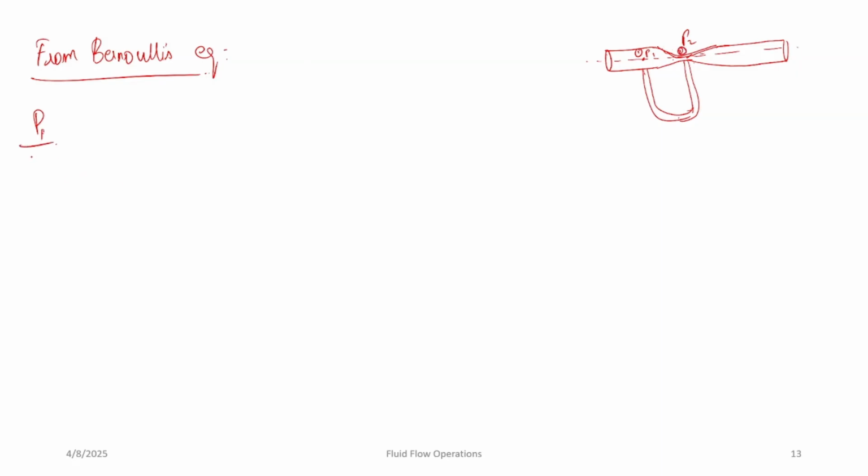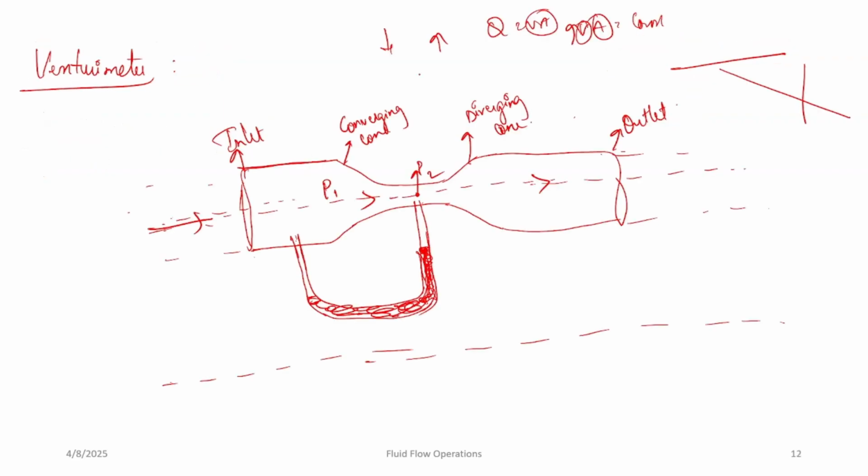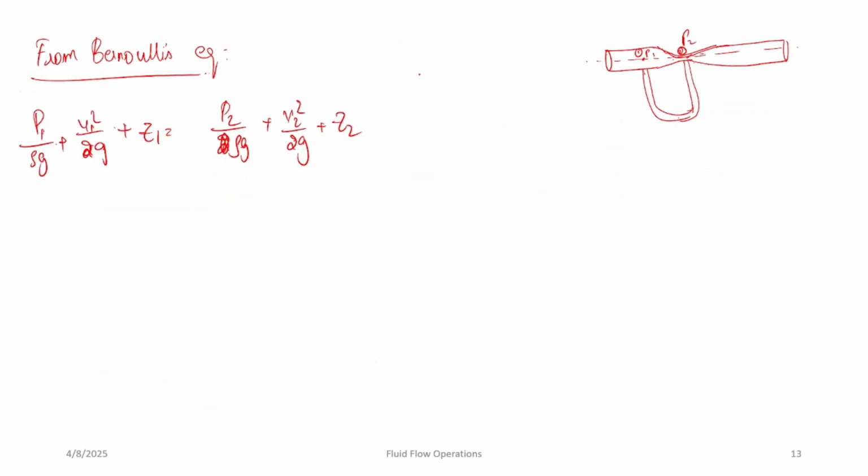If you apply Bernoulli's equation here, it becomes P1 by rho g plus V1 square by 2g plus Z1 is equal to P2 by rho g plus V2 square by 2g plus Z2. This is equation number 6.